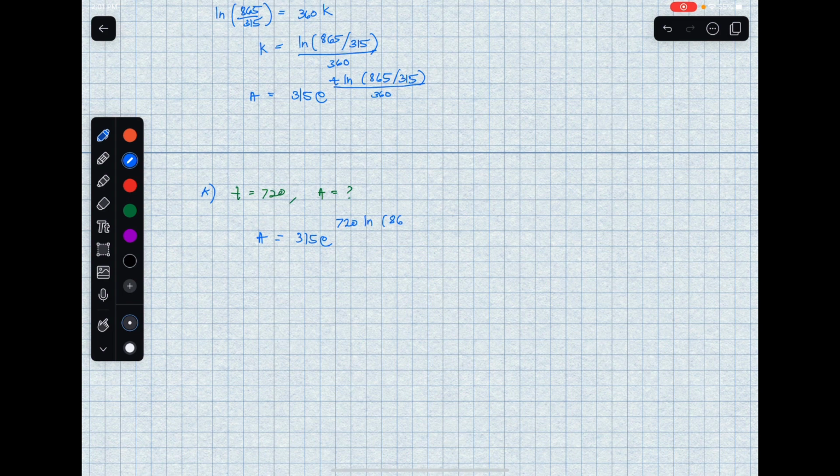ln of 865 over 315 divided by 360. Using our calculator, 315 e raised to 720 ln 865 over 315 divided by 360 will yield approximately 2,375 bacteria.